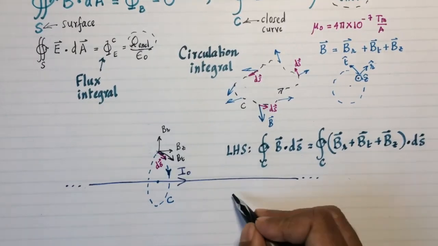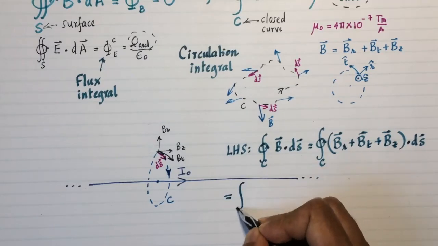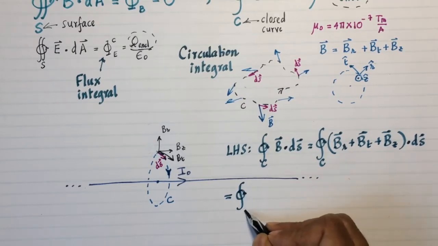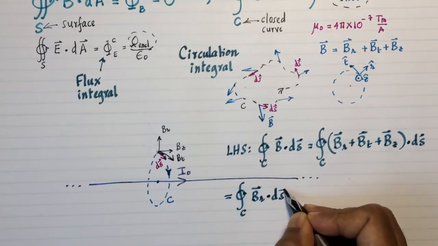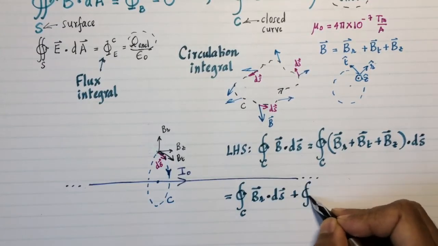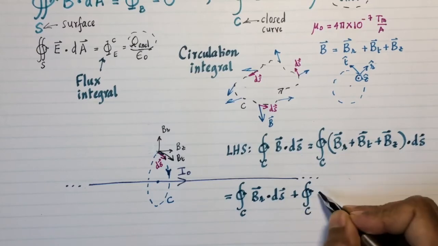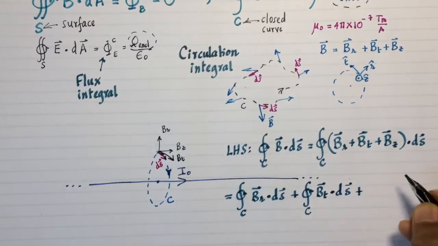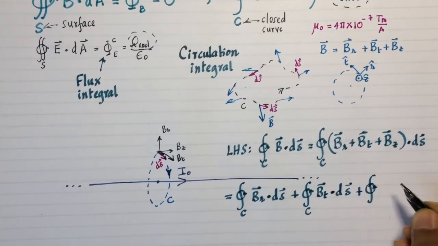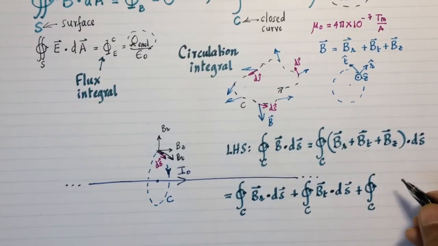And here's where you use the additive property of integrals and split it up into three portions: Br dot ds plus Bt dot ds. Each of these is still a closed oriented integral along a curve C.